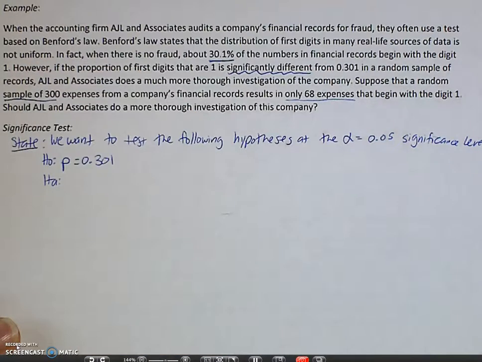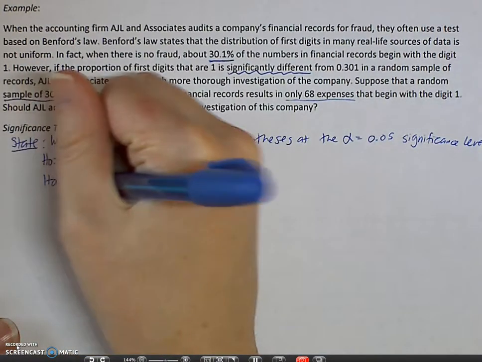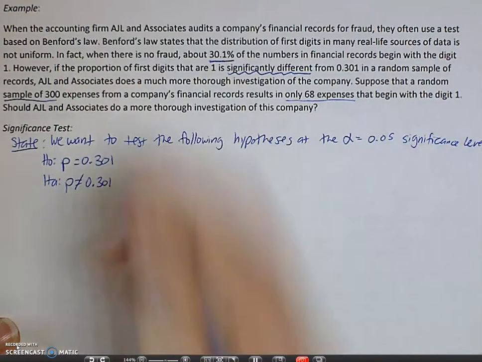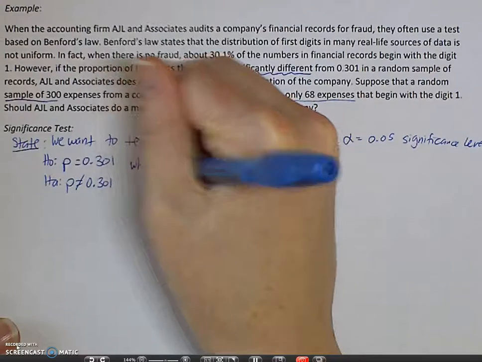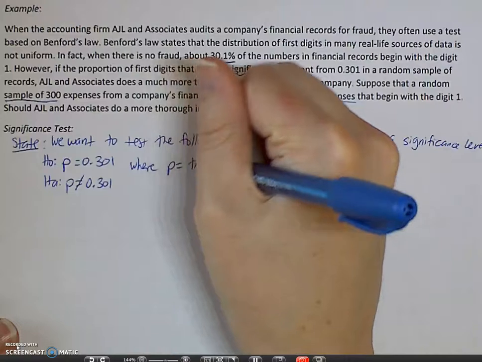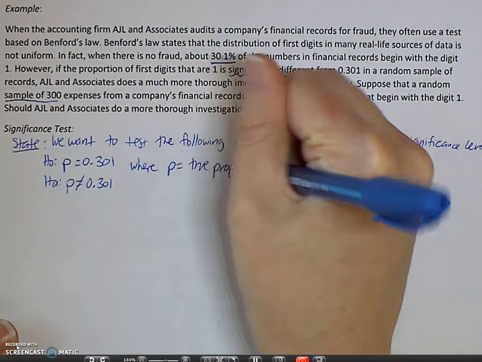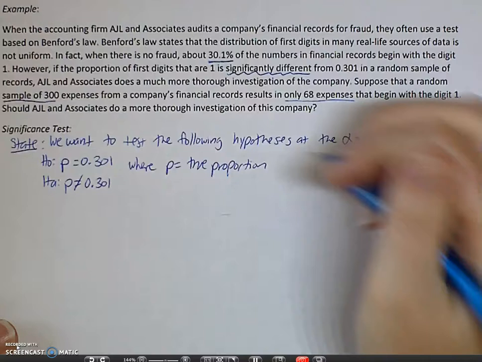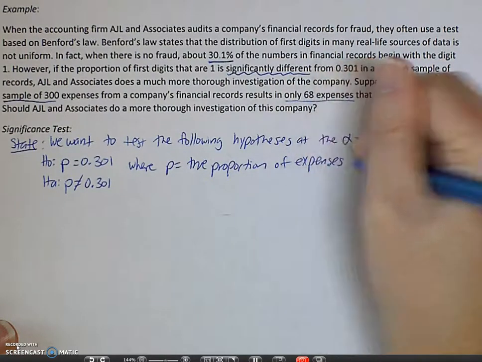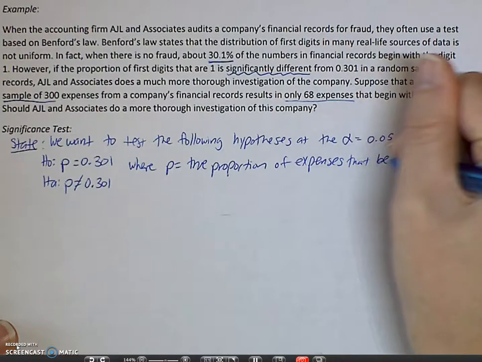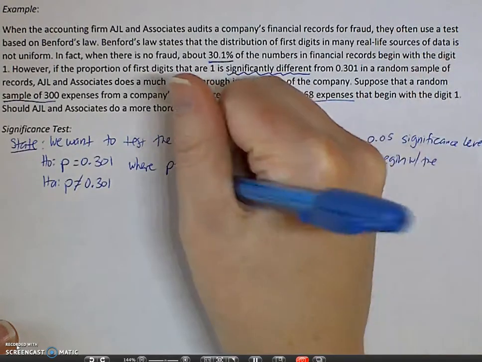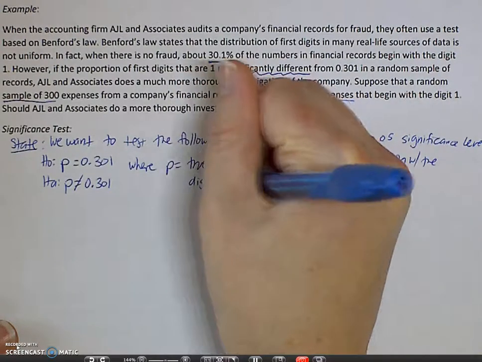And we want to test to see if it's different than that. So not equal to. So either more than or less than, so we simply write not equal to. Where p is the true proportion of expenses that begin with the digit 1.